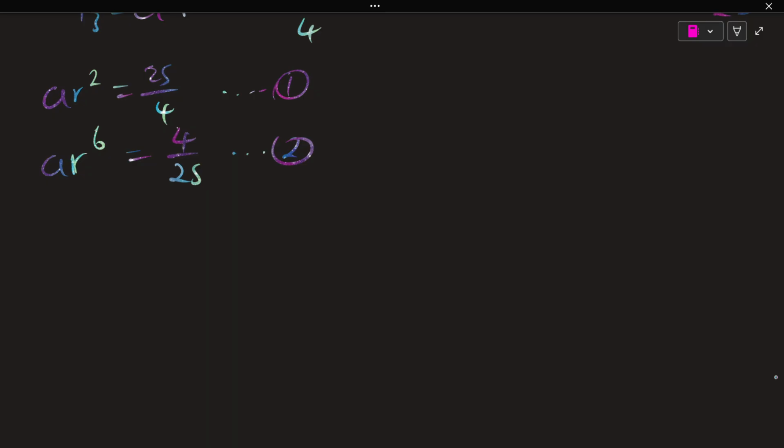Or we can use the equation rule of simultaneous equations, like this. Let's make the first equation a equals 25 over 4 r squared. Then the second one will be a equals 4 over 25 r to the exponent 6.